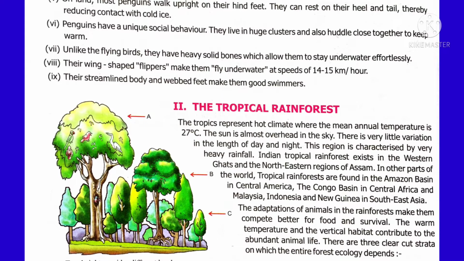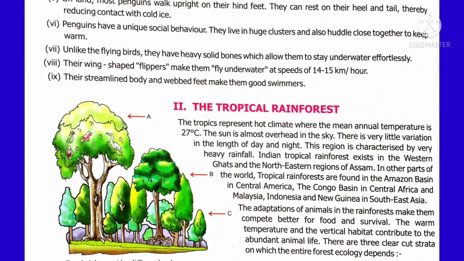Most of the penguins walk upright on their hind feet, that is, their back feet. Penguins can rest on their heels and tail, reducing contact with the cold ice. They also live together in huge clusters to protect themselves from the cold, which helps them keep warm.